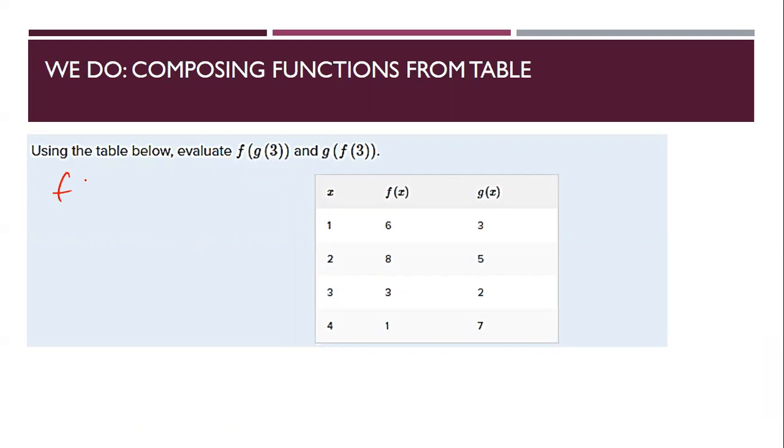So again, F composed of G of 3. You're going to do the inside first. So on the table, I'm going to go to X equals 3, look at table G, and what do I get? 2. So I'm now going to replace this with a 2.